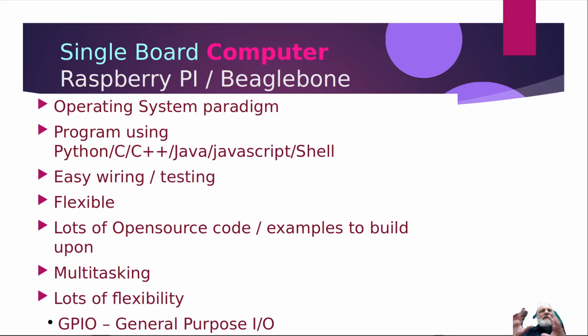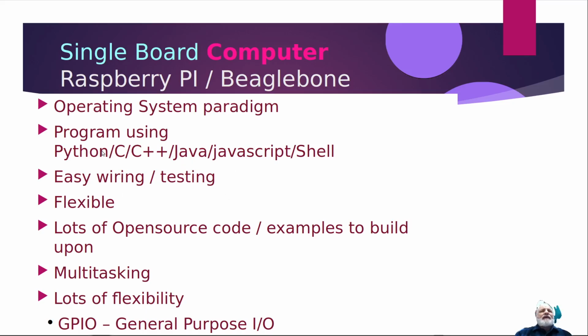Okay, but these particular ones, the Raspberry Pi and the BeagleBone and others like this, actually run an operating system. By default, it's typically a Linux operating system. But then in that, you can program it using pretty much any programming language you choose, right? So we've been using Node-RED, where Node-RED is actually built on top of JavaScript.